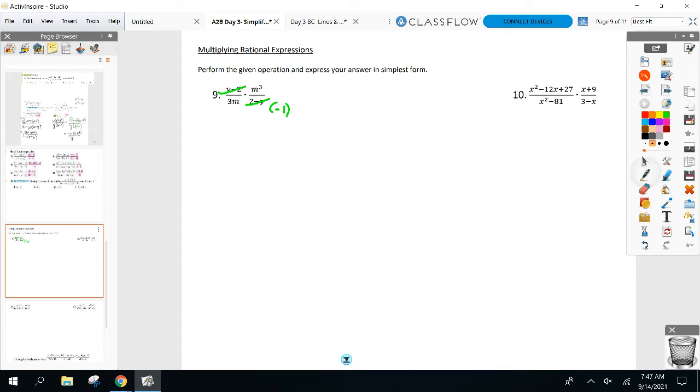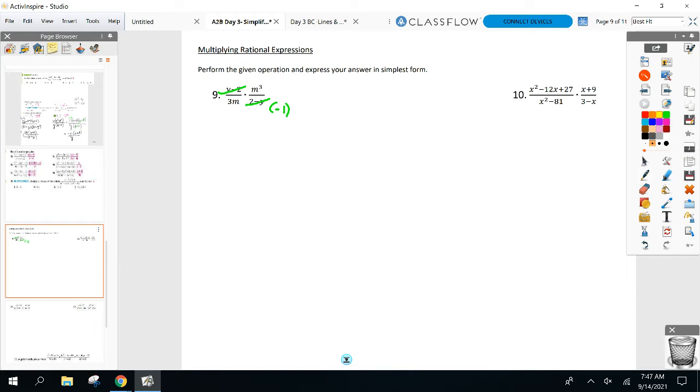All right, now let's keep going here because I'm not done officially. I could still cross out here. How many m's are on the top here if it's m to the third? Three m's, right? Now how many m's are on the bottom? Just one, right?